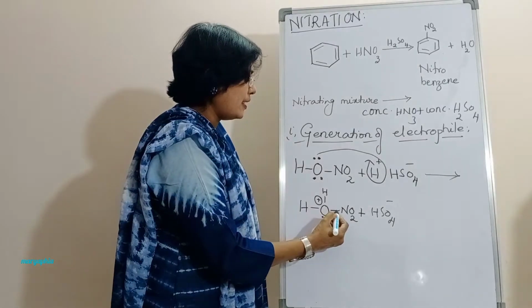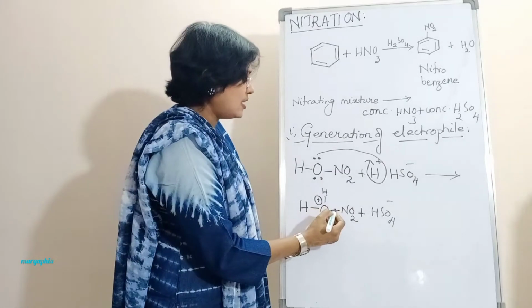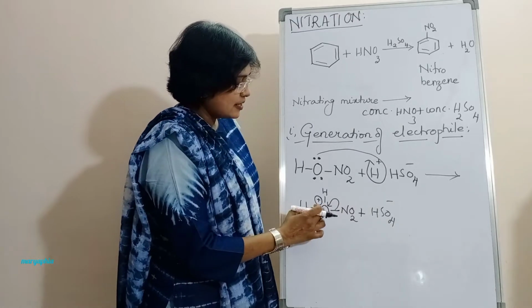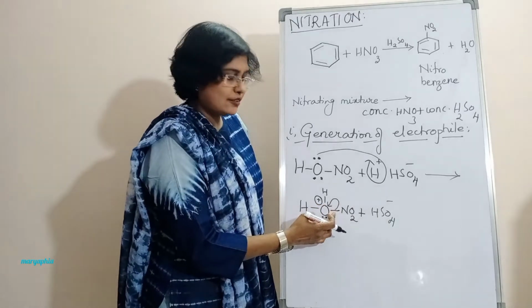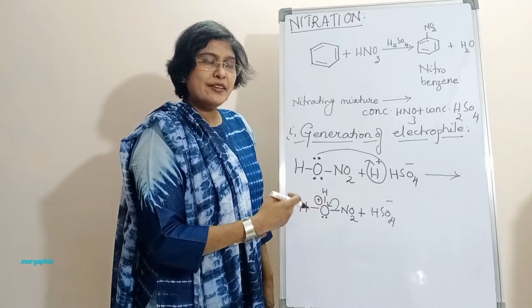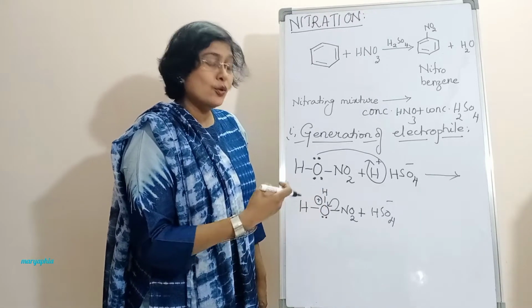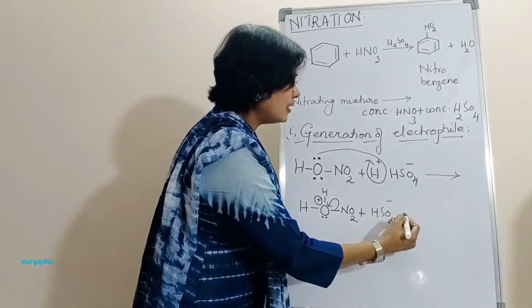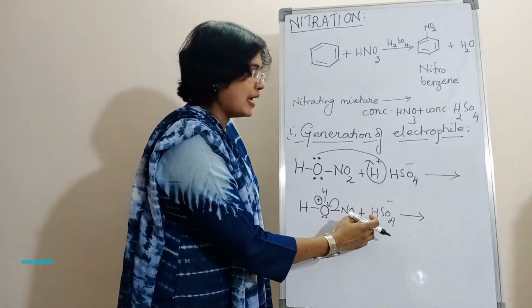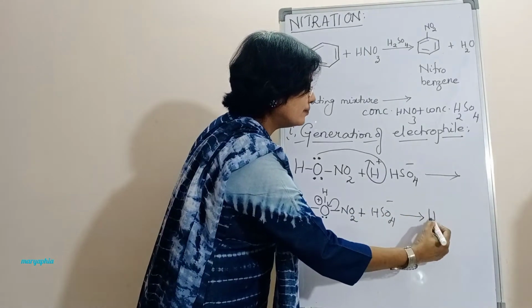The bond between oxygen and nitrogen: oxygen takes up these 2 electrons, and hence look here, students, oxygen is getting back the 2 electrons. With the 2 hydrogens, what is being formed? 2 hydrogens plus oxygen, H2O. Water is being formed, and hence there is HSO4 minus and water.